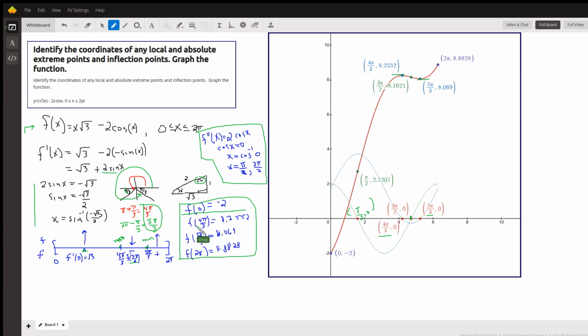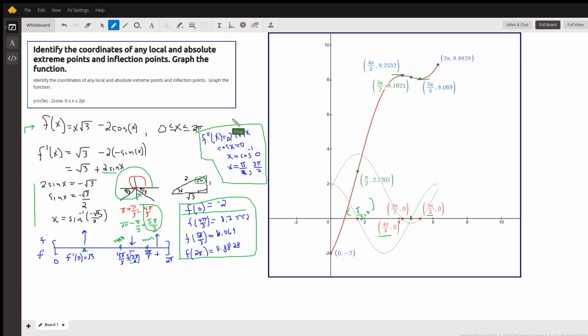And f of 4 pi over 3, you could get an exact value by putting 4 pi over 3 into this function for x. But there's a decimal approximation. So the absolute max is at 2 pi, the absolute minimum is at 0.